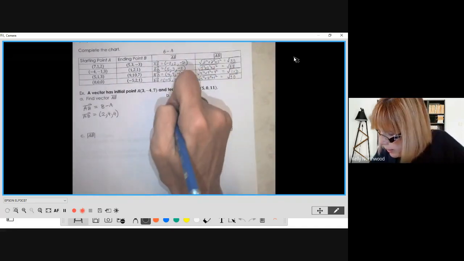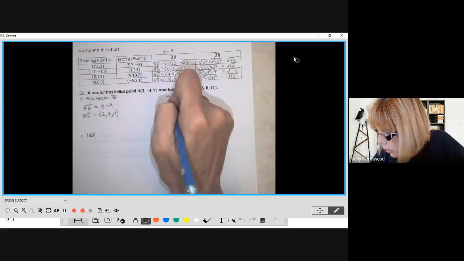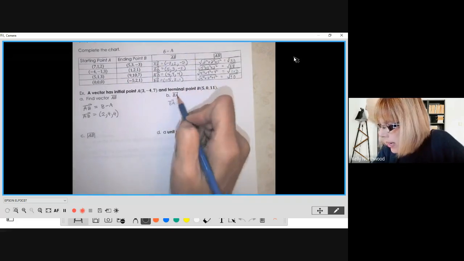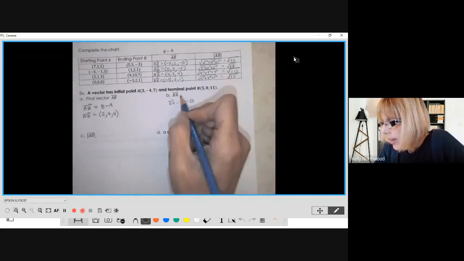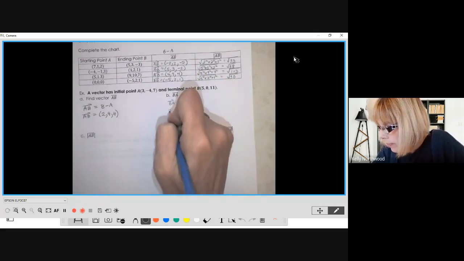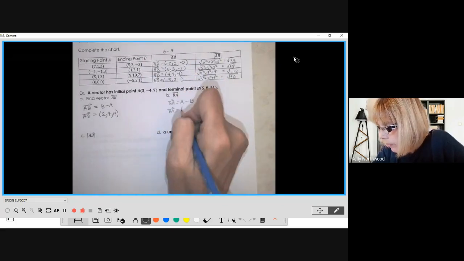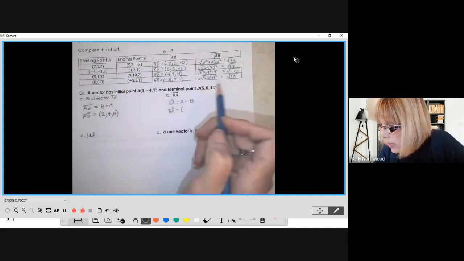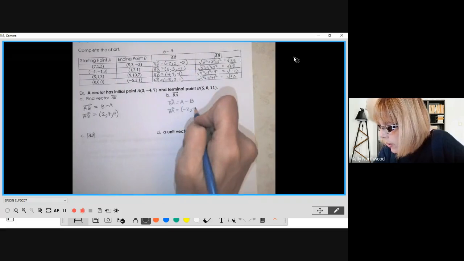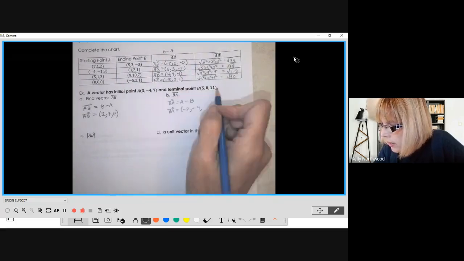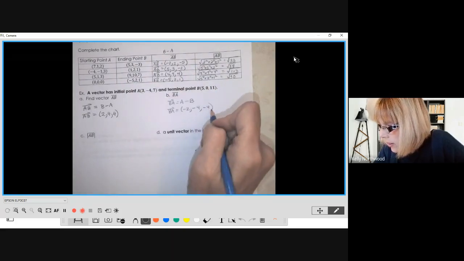Vector BA. So now we're starting at point B and ending at point A, so it would be A minus B, end point minus beginning point. So that's going to be 3 minus 5, -4 minus 0, 7 minus 11.